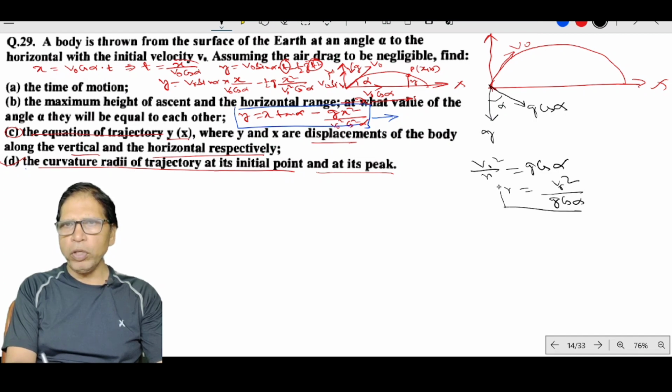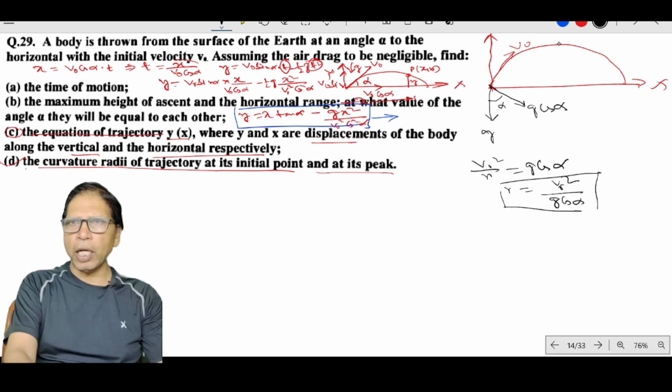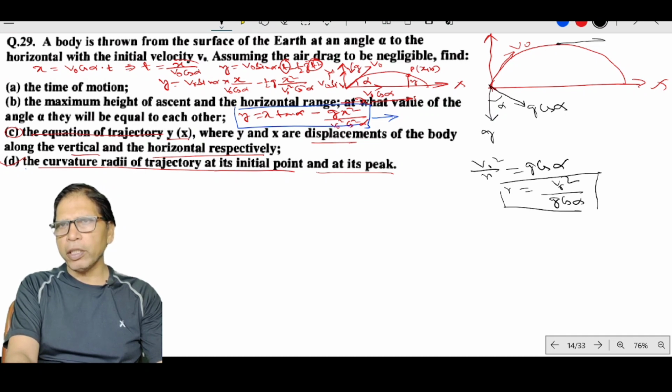Okay. Now we have to calculate the radius of curvature at the top point. Now look at this, at the top point, the velocity of the particle is V naught cos alpha. Acceleration due to gravity g is in the downward direction, at an angle of 90 degrees.